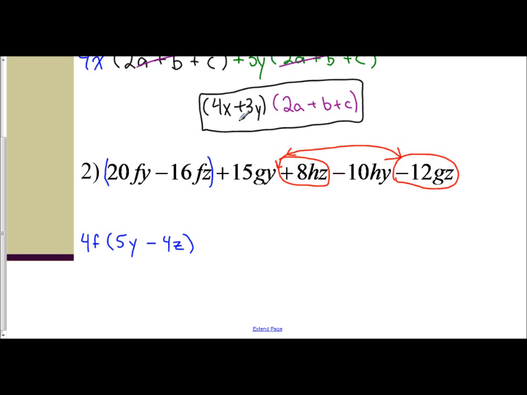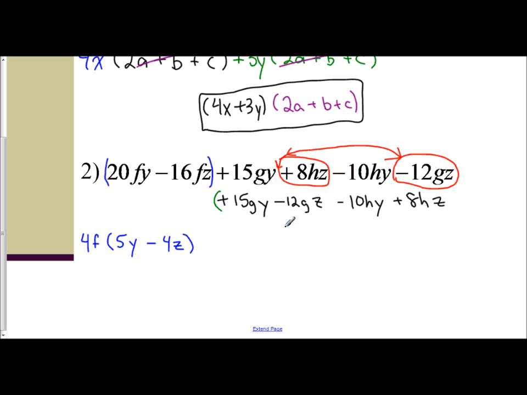So it's larger number minus smaller. And so let's rewrite the last four terms as plus 15gy. These two flip positions, so it's minus 12gz minus 10hy plus 8hz.